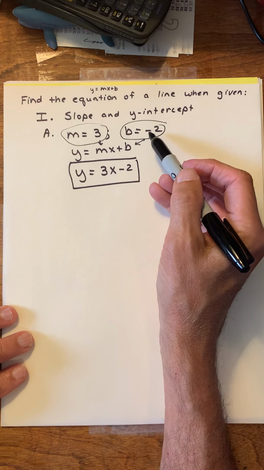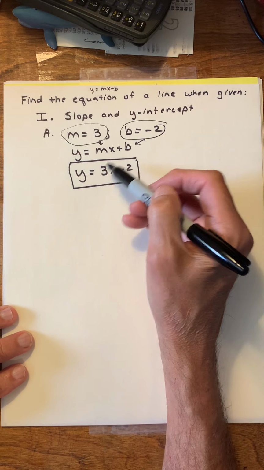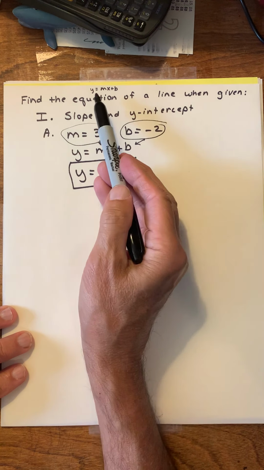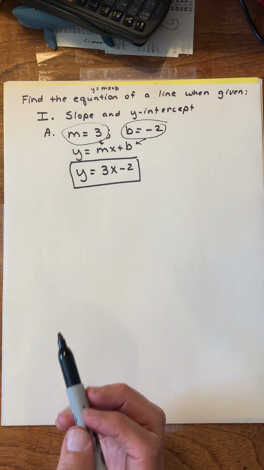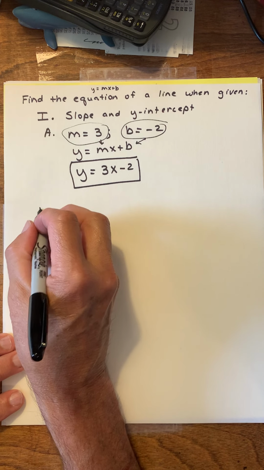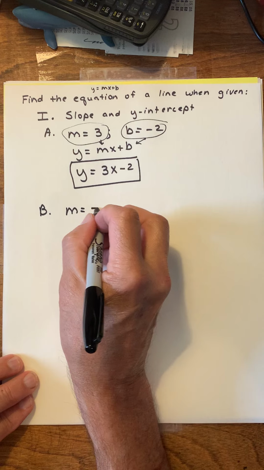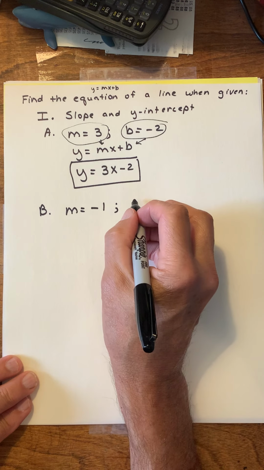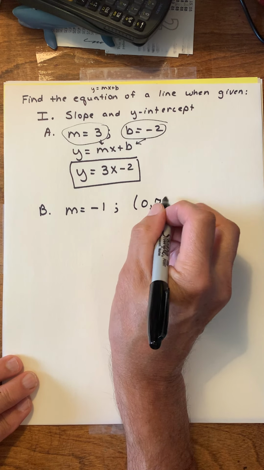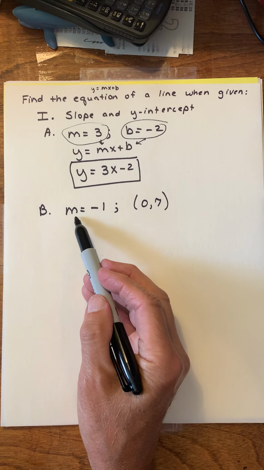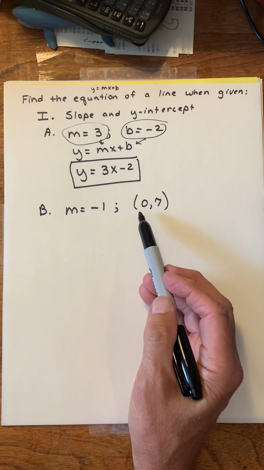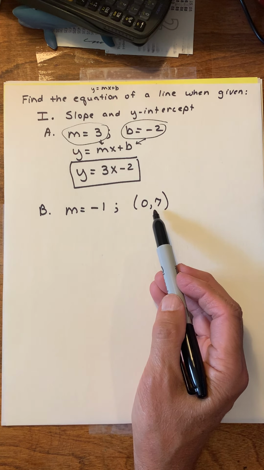Hey, that wasn't too hard. Give me the slope and the y-intercept. All I have to do is substitute for m and b, and I have the equation of the line. All right, try another one. Let's say the slope is -1, and it goes through the point (0, 7).